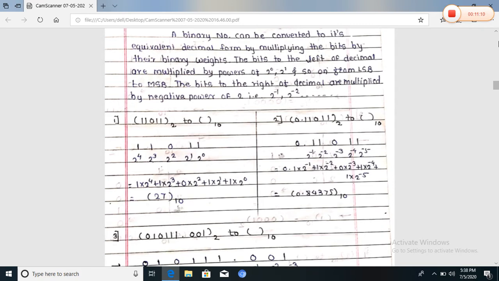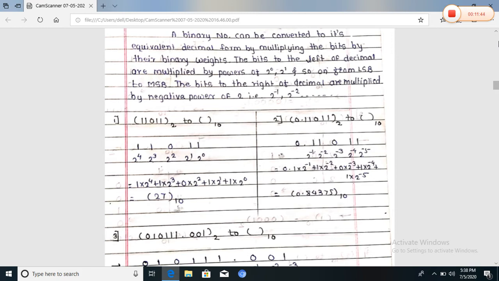From LSB to MSB, we write the weighted positions. The first is 2 raised to 0, where 2 is the base because the number system is binary, then 2 raised to 1, 2 raised to 2, 2 raised to 3, 2 raised to 4. This is the weighted position in terms of power, which are positive terms.